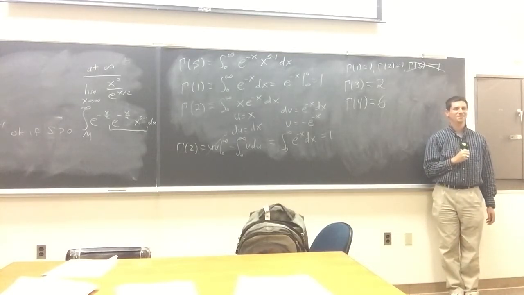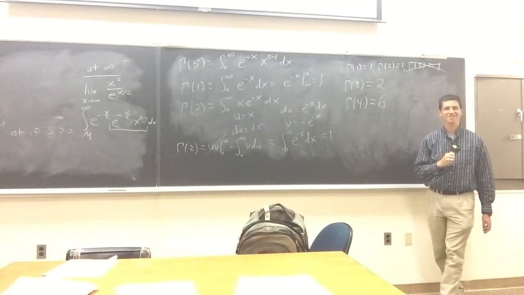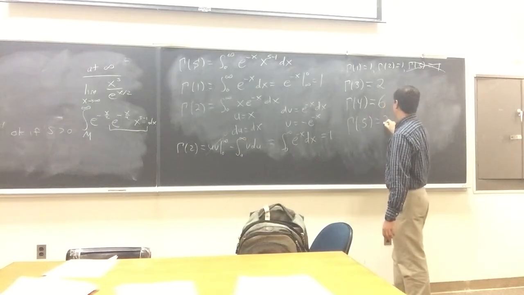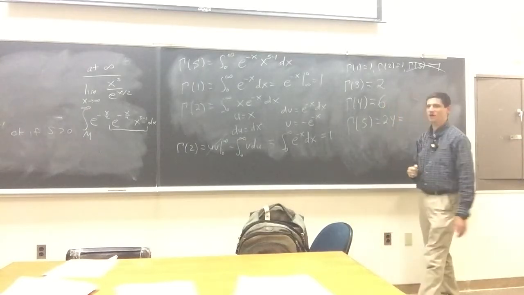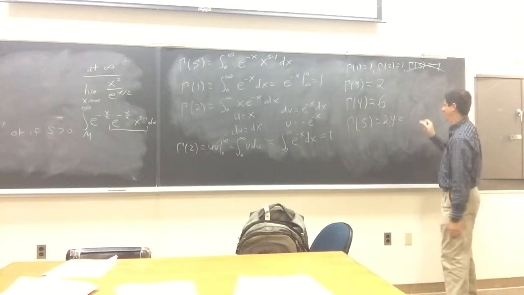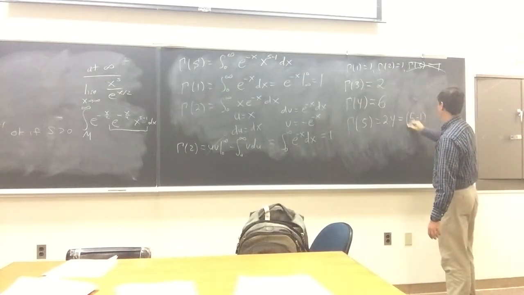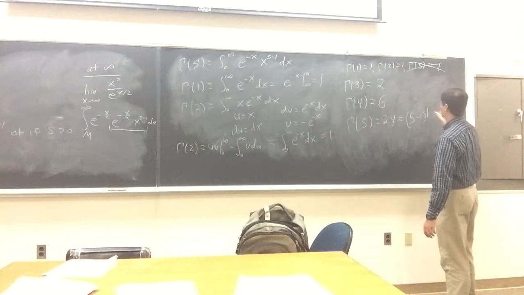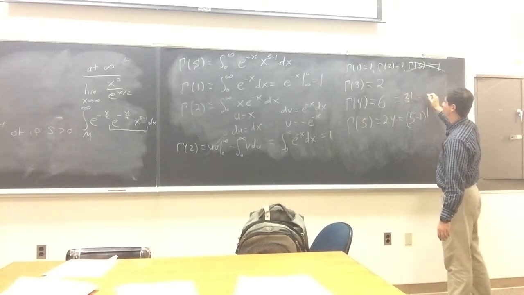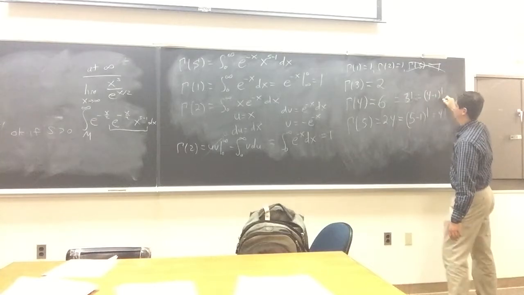All right, anybody want to guess the next? 24. All right, since you're saying 24, I'm assuming you want to say it a different way. 5 minus 1 factorial. Oh, even better. 5 minus 1 factorial or 4 factorial. And this would be 3 factorial or 4 minus 1 factorial.